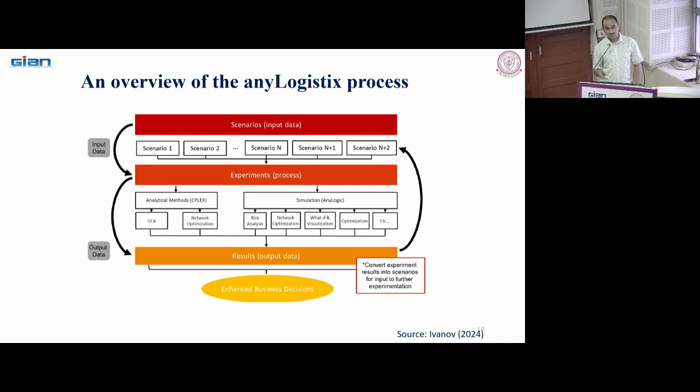Once you have that input data, next you need to do the experiments. For the analytical methods, if you want to focus on the analytical simplex, GFA, greenfield analysis is there, and network optimization. But if you want to do the simulation, then you have some what-if visualization, then the discrete event, and finally you get the results output data, and you analyze those and enhance your business decisions.